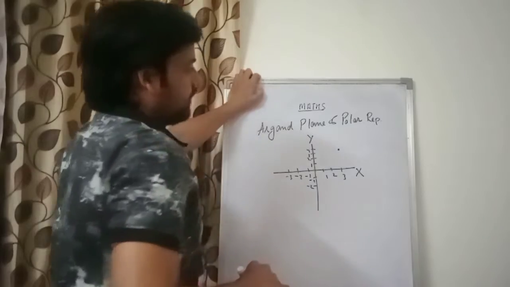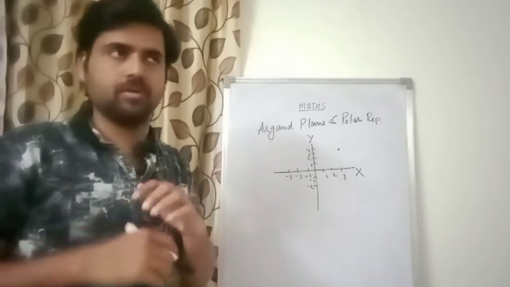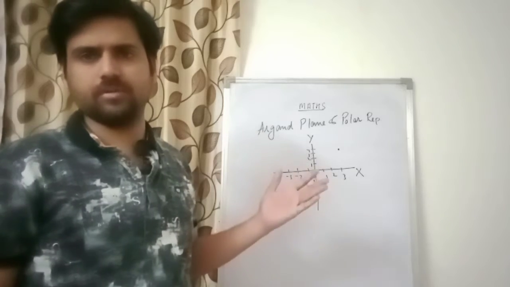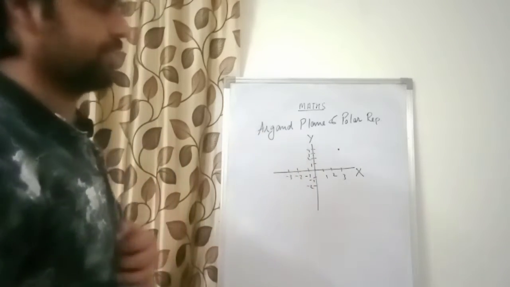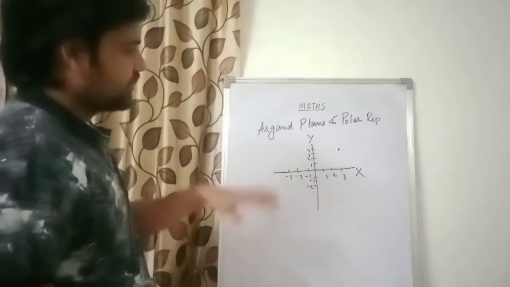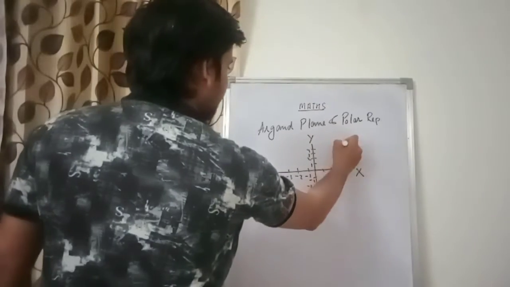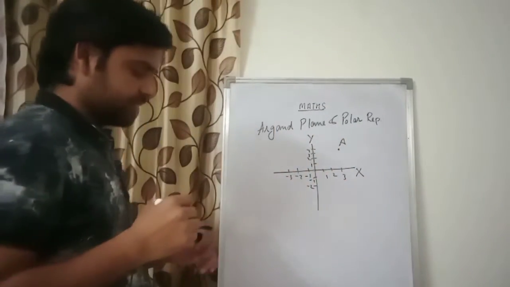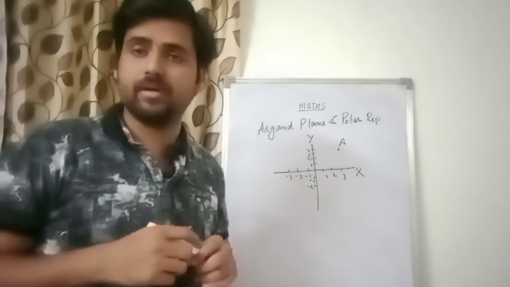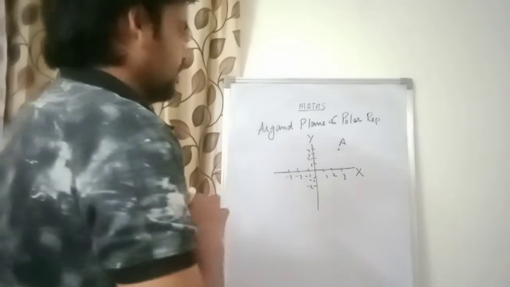So how will I tell somebody which point I'm talking about? So I'll tell him or her the address of that point. So to make us able to represent that point A with some detail, we are going to write it in address form.